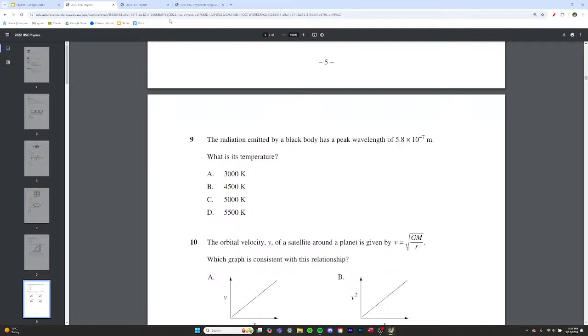You know, it's always good when you can see where you've gone wrong in your problem. So that gives me 4996 Kelvin, which is closest to 5000. So it should be C.